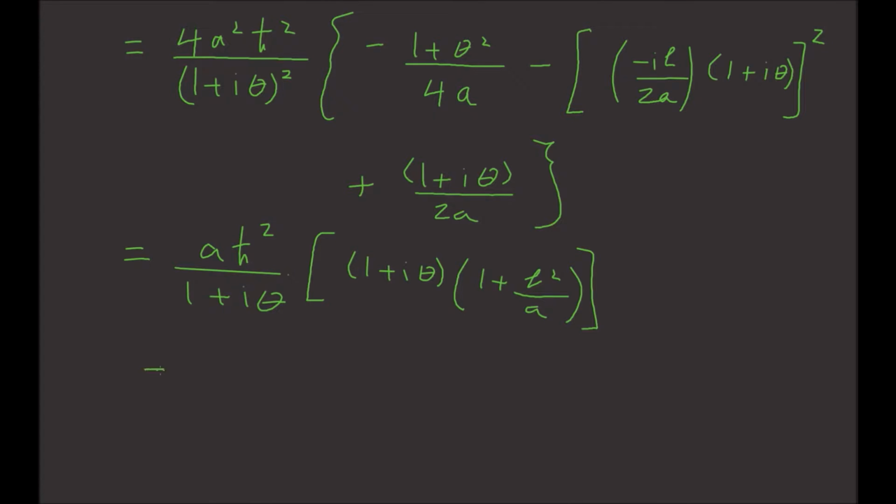And in terms of the original variables, if you substitute for theta, we get h bar times a plus L square, all of that, just to get to this result. So the expectation value of the square of the momentum is equal to that.